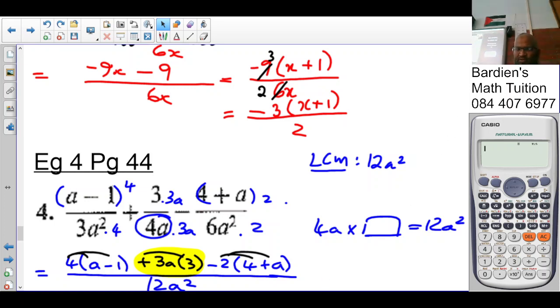Let's go to this page quickly. Page 45. We did all these sums. You sure?